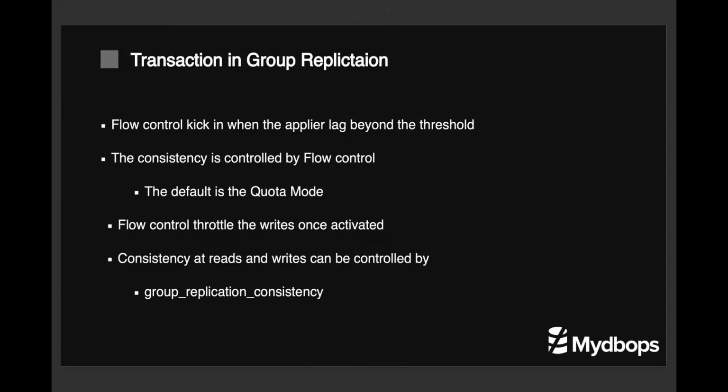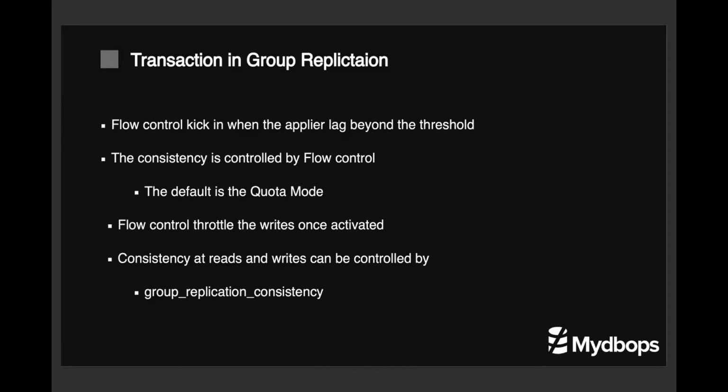There are many queues, like the applier queue, the coordinator queue and the receiver queues. So it monitors the stats of those queues, and when it crosses beyond the threshold, let's say you have 2000 transactions, you can say okay, I can afford a lag of 2000 transactions.